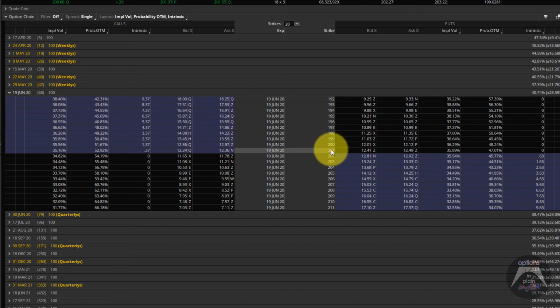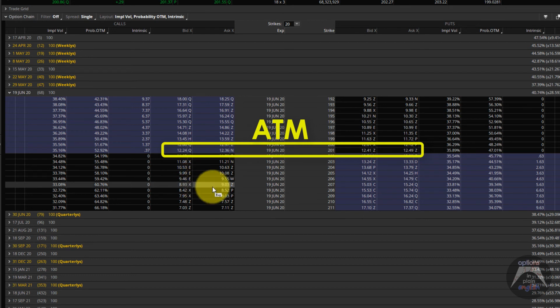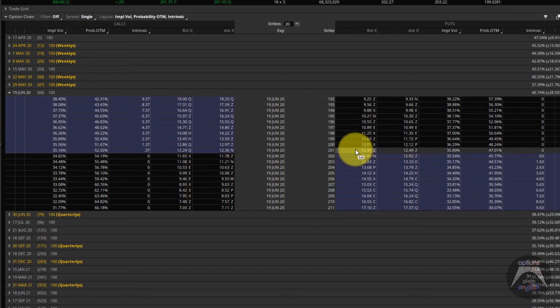So the 201 strike call on the left hand side and the 201 strike put on the right hand side, those would be considered the at the money options, the at the money calls and the at the money puts. From that point and lower in strike price, which is laid out in a somewhat baffling way, it's laid out the other way around.